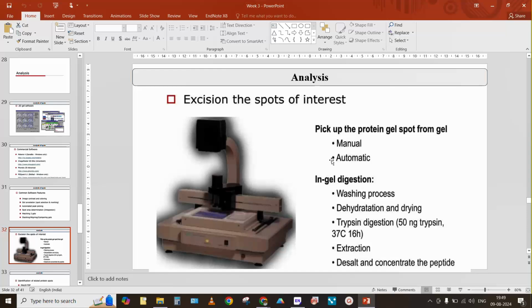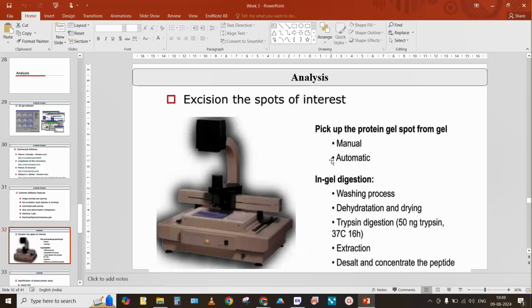Then there are machines used for the excision of the spots of interest, by which we can pick protein spots from the gel, either automatically or manually. In this machine there is excision of the spots of interest.